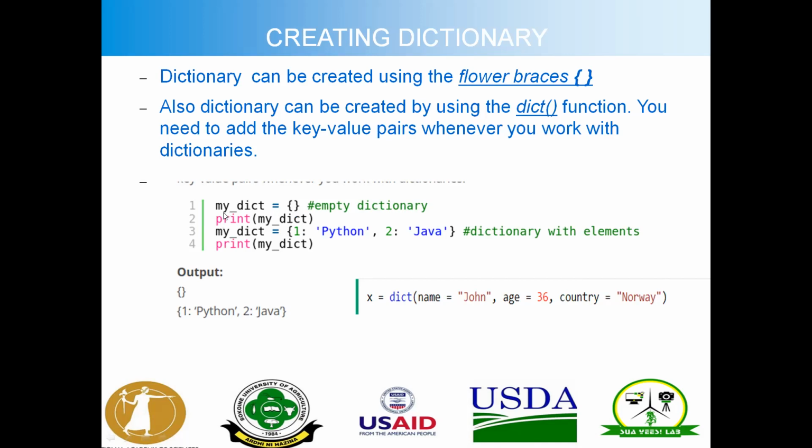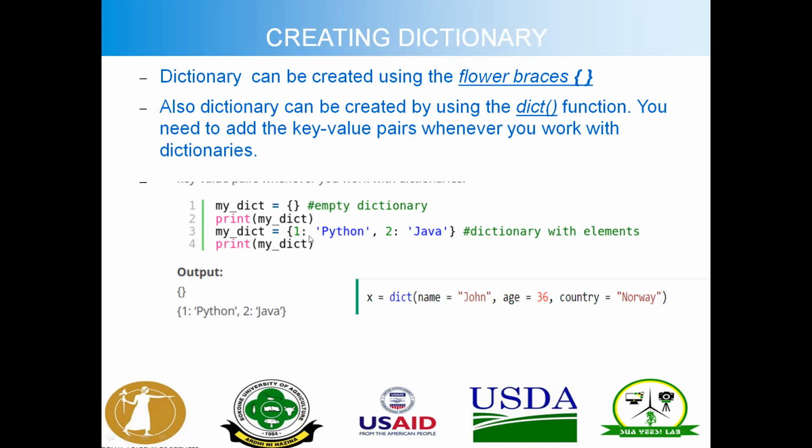For example, you can see here we have a dictionary that has been given the name my dict. It has been created by using the curly brackets. The first statement means you are creating an empty dictionary because you have not specified any key value pairs.